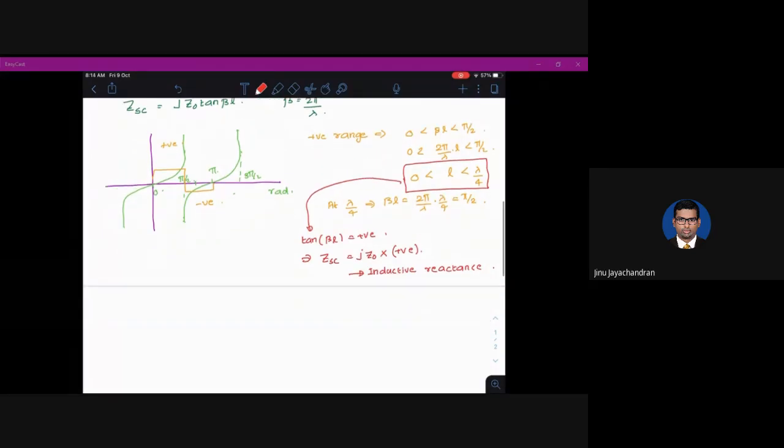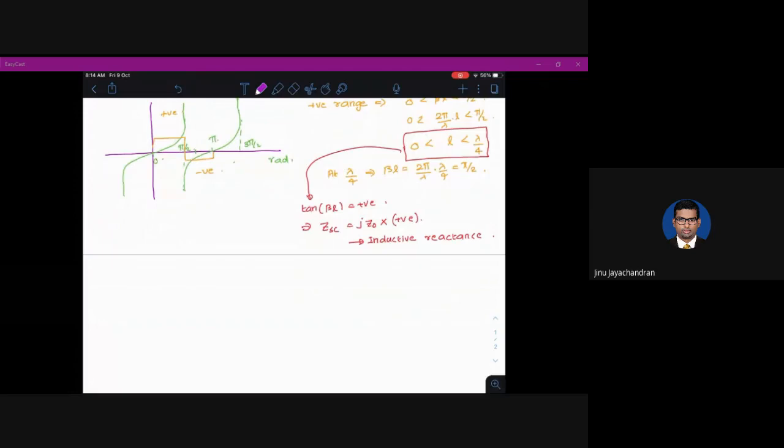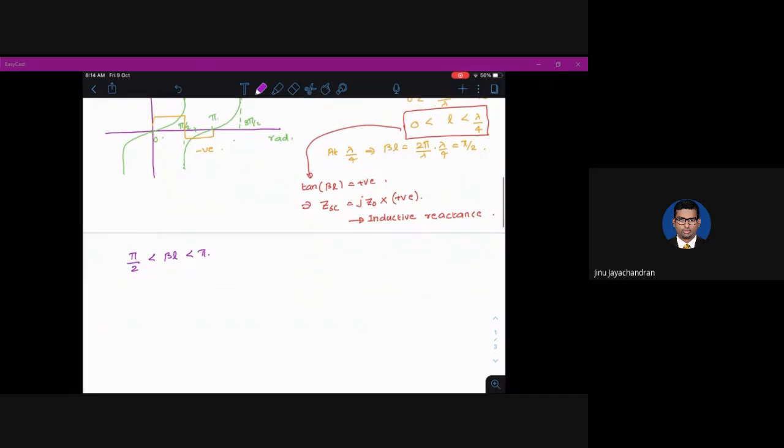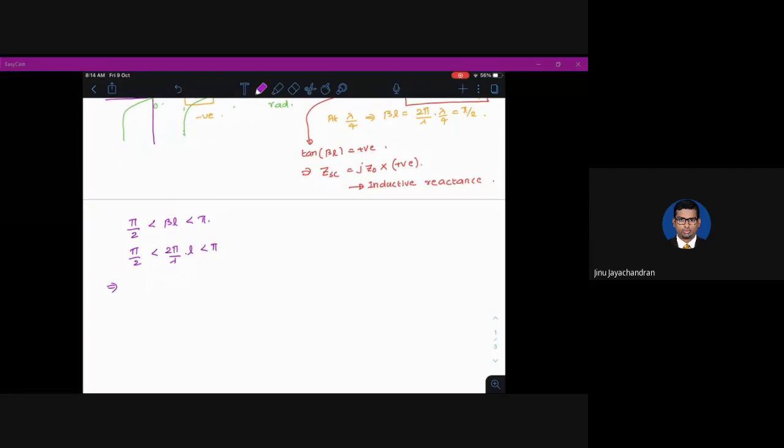In a similar way, for a negative value, beta L should be between pi by 2 and pi. So I can expand this as 2 pi by lambda into L less than pi, which implies the length of the transmission line should be between lambda by 4 less than L less than lambda by 2.